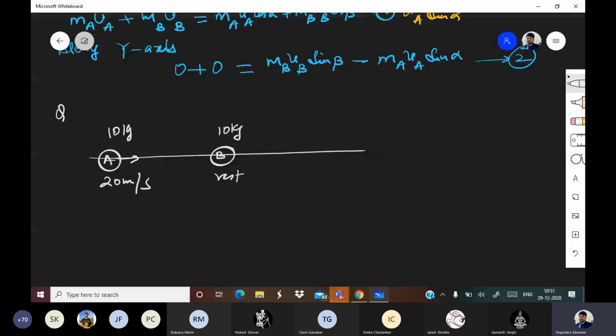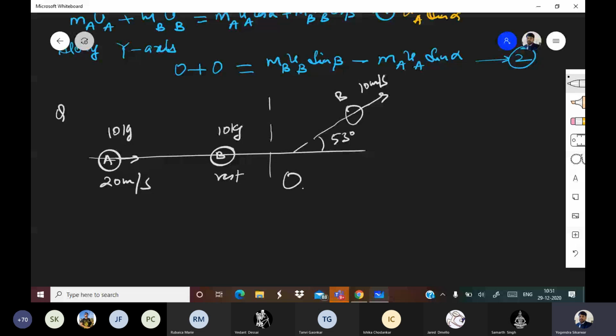Now, after collision, it is seen that B is going in this direction, and this angle is 53 degrees. Velocity is 10 meters per second.